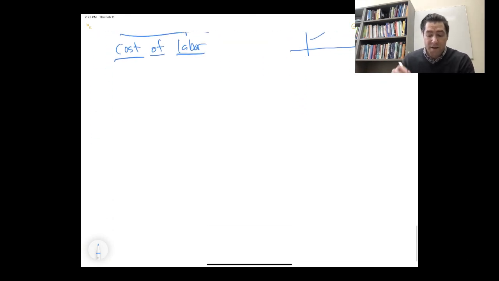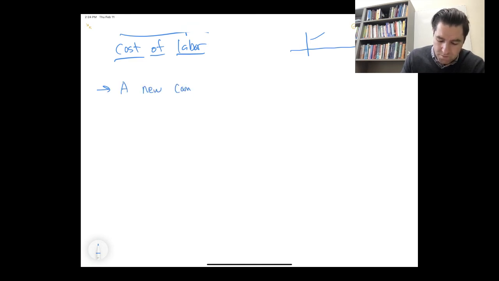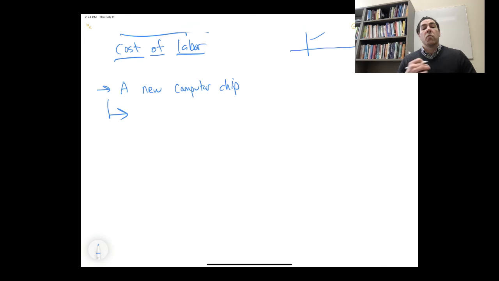Okay, so the next item that was on there was the invention of a new computer chip that's much faster. Now, what I'm really kind of getting at here is that this is going to make it faster or easier to produce smartphones.